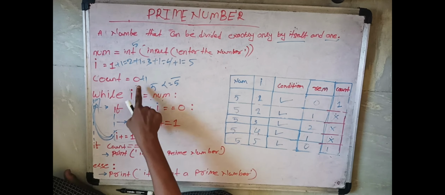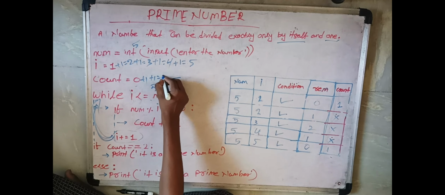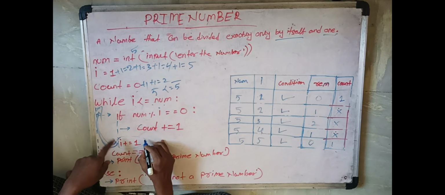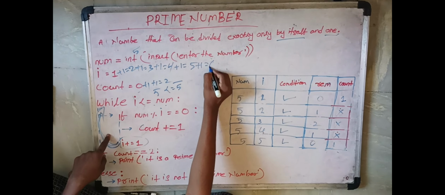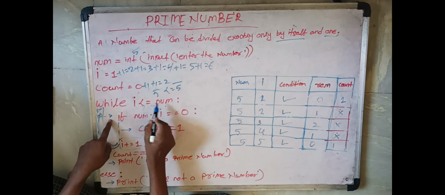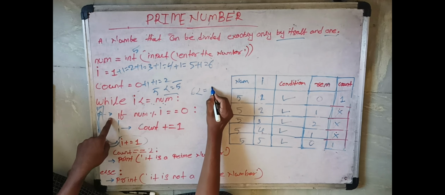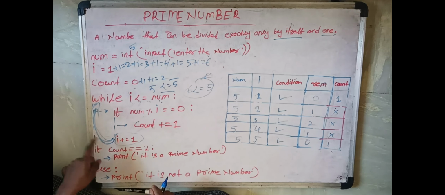So after 5 divided by 5, count equals 2. After that, i update: i value plus 1 equal to 6. i less than or equal to num: in this case 6 less than or equal to 5. This condition is false. If the condition is false, then the looping statement terminates.